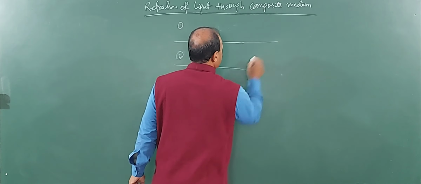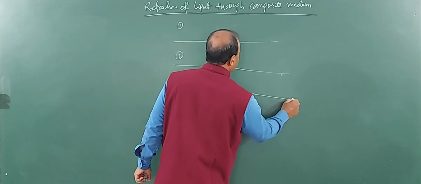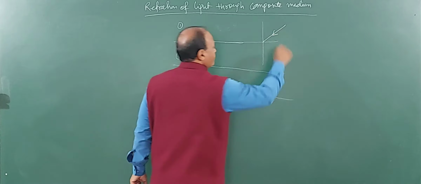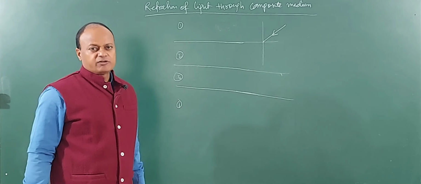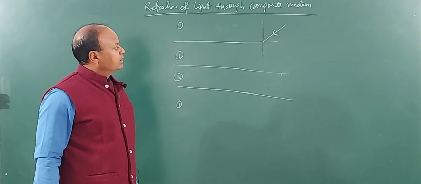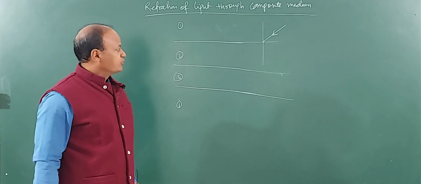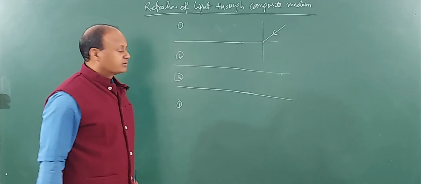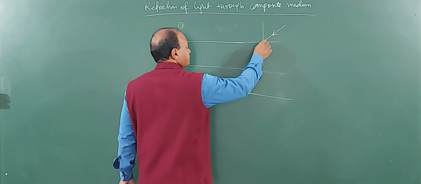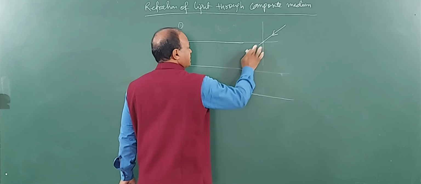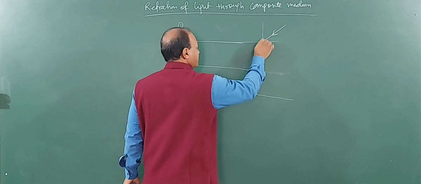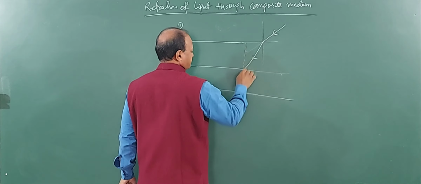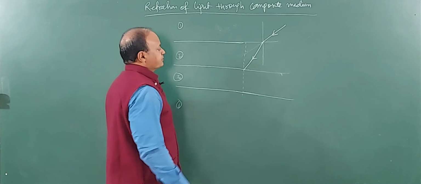Imagine a situation here, children. A ray of light is incident here, traveling from medium 1 to medium 2. Now, as this ray is traveling from medium 1 to medium 2, let's assume that 2 is denser than 1, so it will be bending towards the normal.